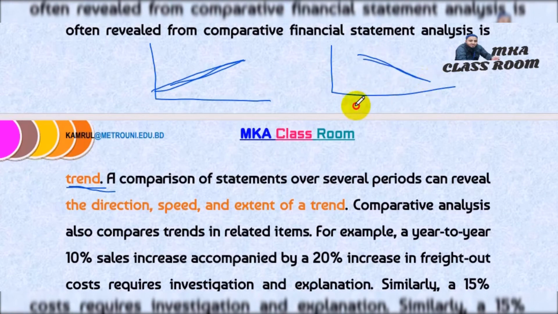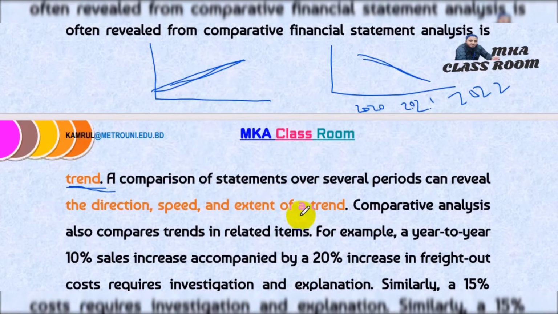So this is year 2020, 2021, 2022, etc. This can be identified by this comparative financial statement. So you can see what will happen in the future. This is the increasing trend, this is a decreasing trend. So you can use this in comparative financial statement analysis.